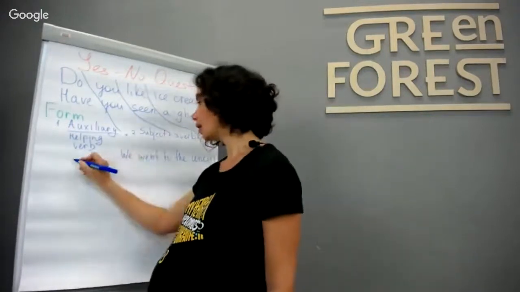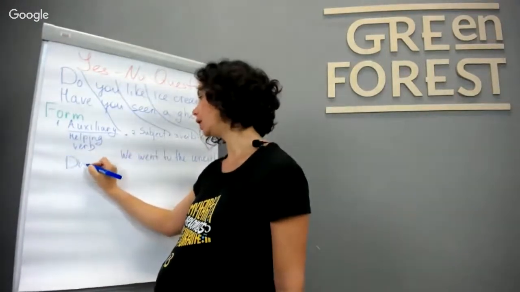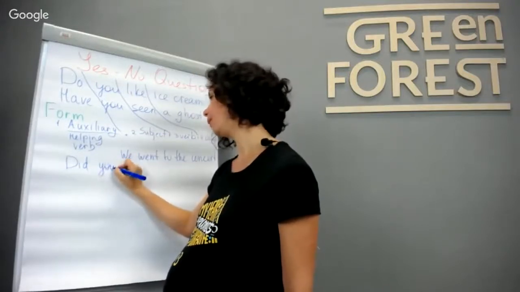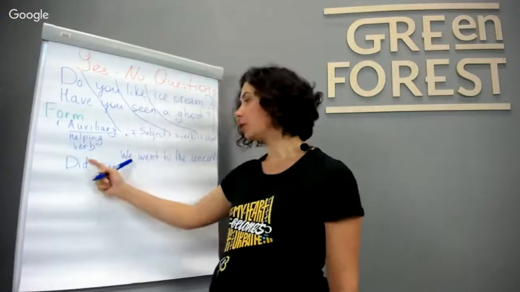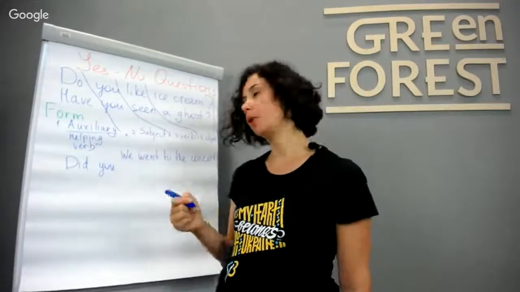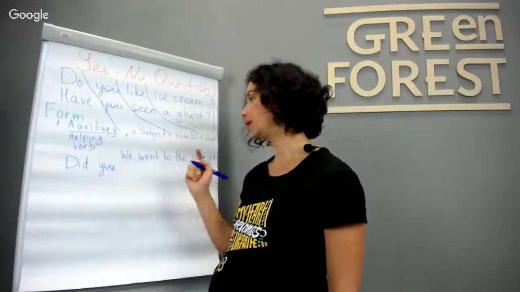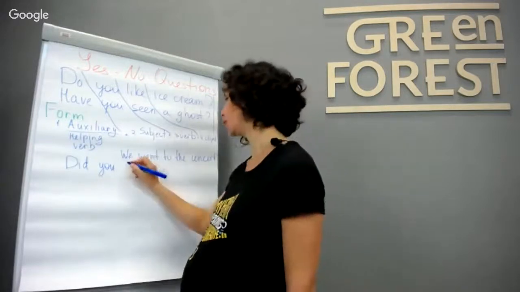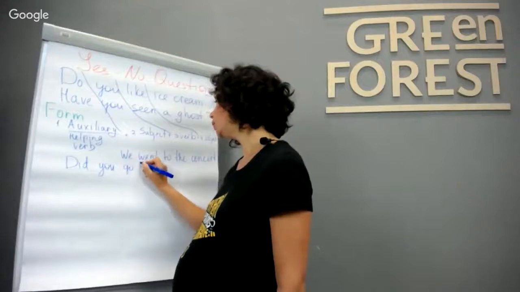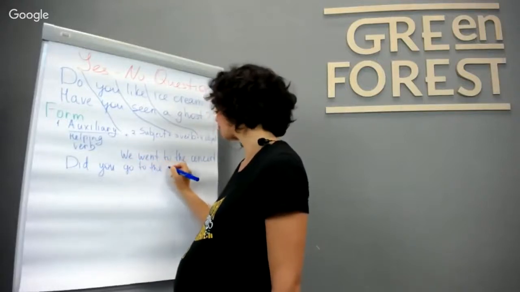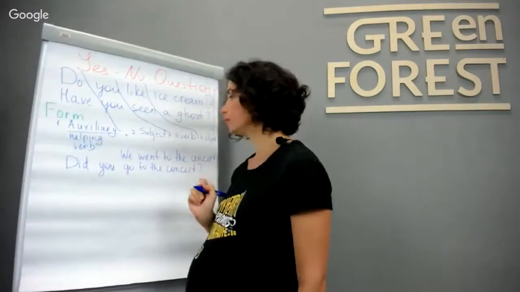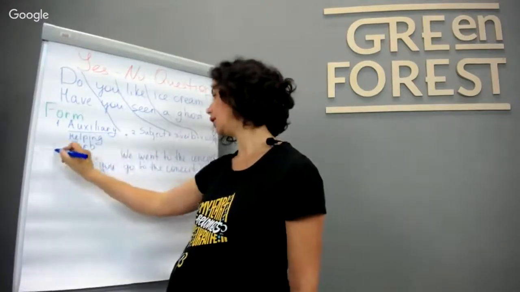So we ask the question: did, then the subject, you or we, then the verb. We already created the past simple with did, and that's why we don't use the past simple form went. We use go, the infinitive of this verb. So, did you go to the concert? And this is how it is created.